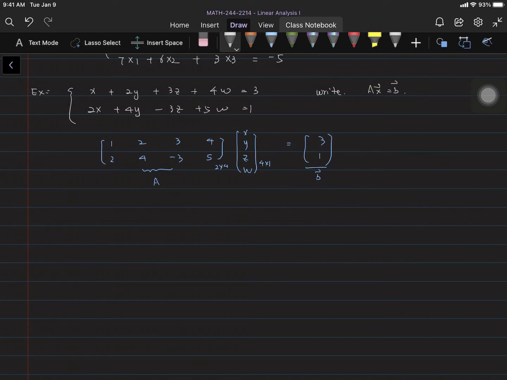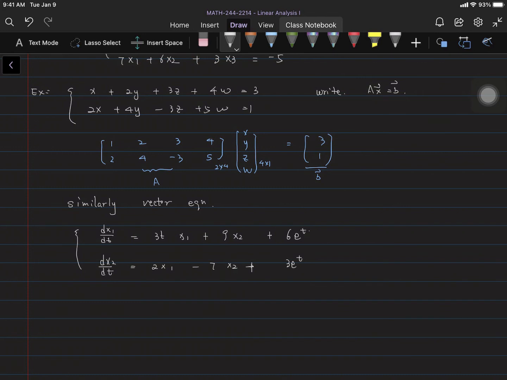Similarly, let's see if we have a linear system of differential equations. Let's take a look at this linear system. dx1/dt equals 3t x1 plus 9x2 plus 6e^t, and dx2/dt equals 2x1 plus 7x2 plus 3e^t.